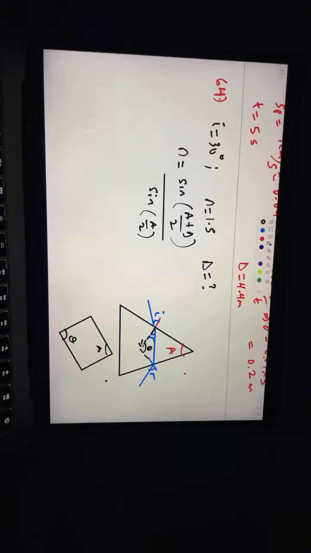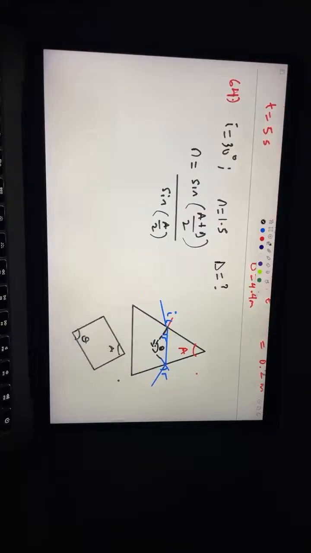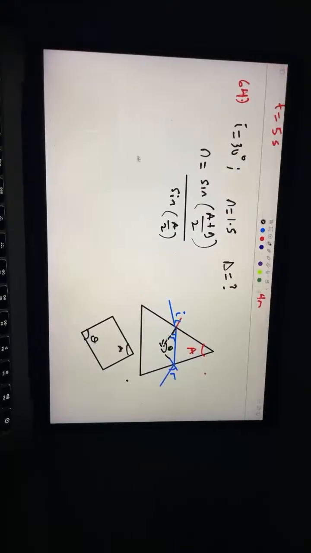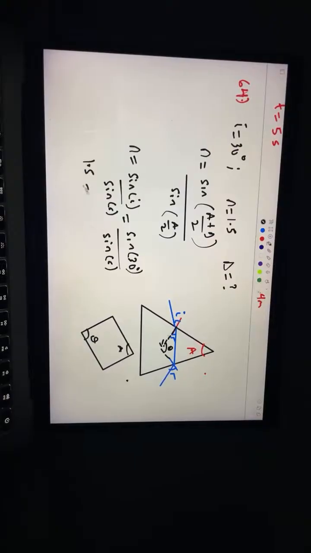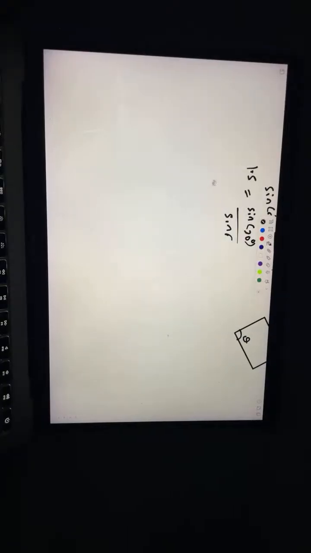So I can find this theta like this. To find theta, I will go and use Snell's law again. N equals sine I over sine R. So that will be sine 30 degrees over sine R. So 1.5 will be sine 30 degrees over sine R. From here, sine R will be equal to sine 30 over 1.5.